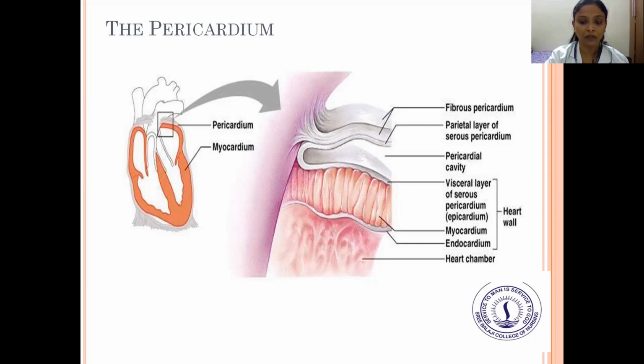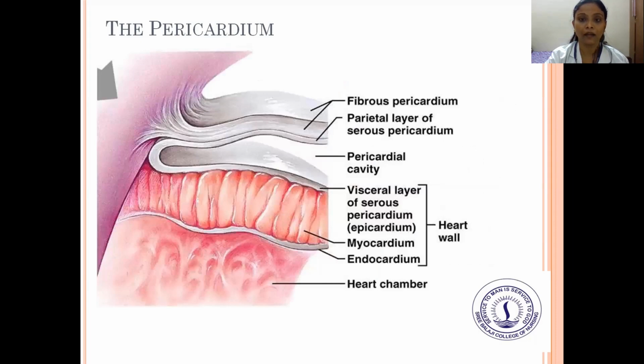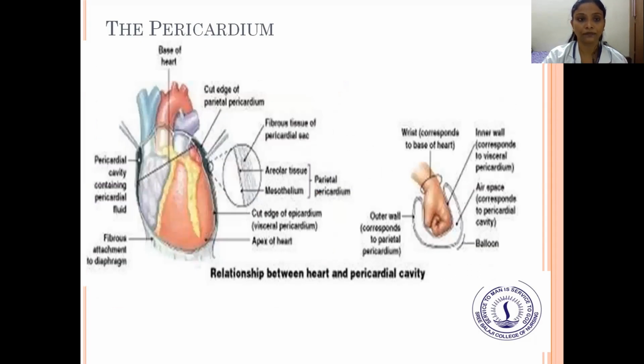The visceral layer of the pericardium, epicardium, myocardium, and endocardium together are called the heart wall. Here you can see a clear picture showing the heart wall.